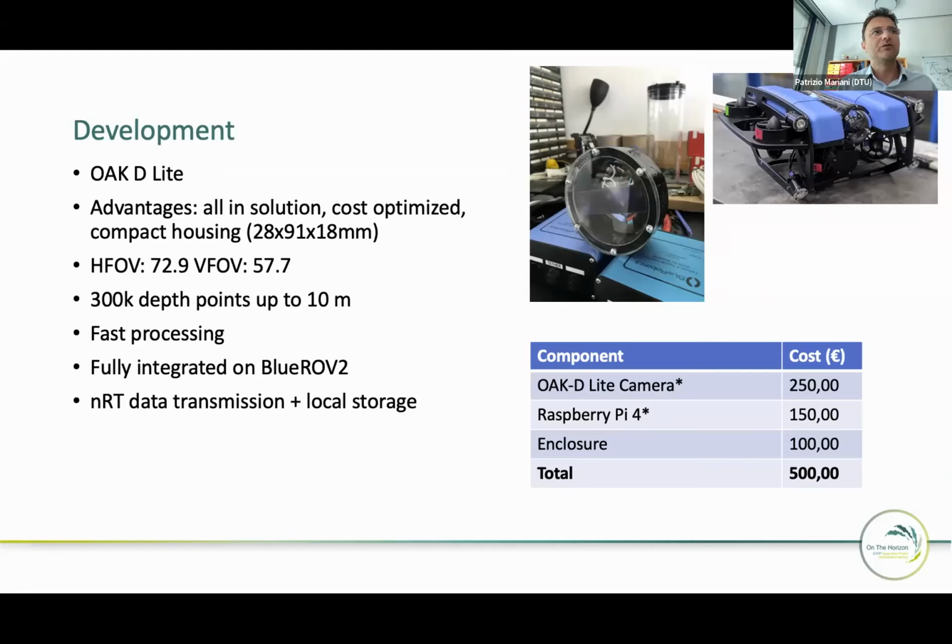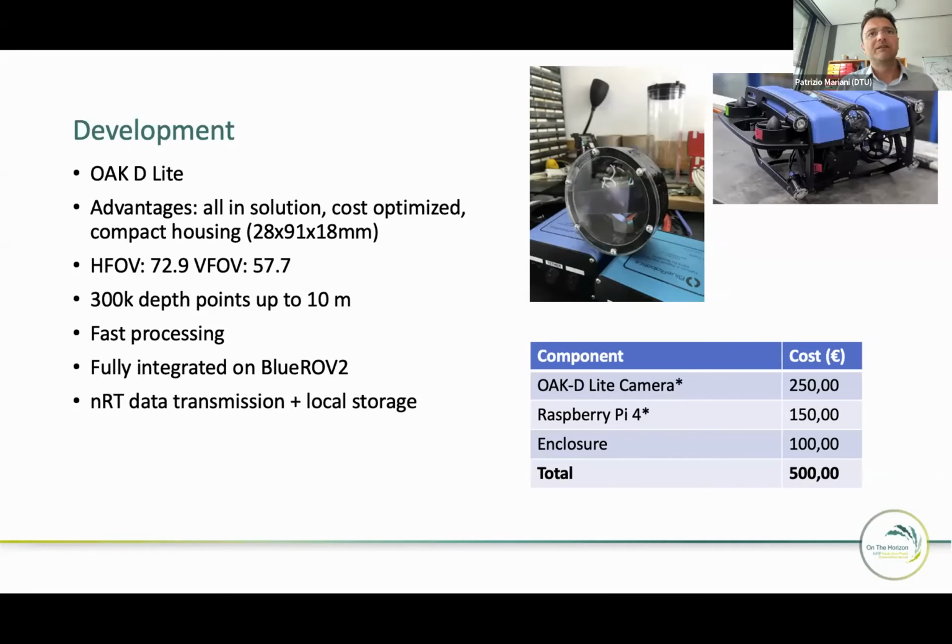The field of view is also quite good, with more than 70 degrees on the horizontal plane and about 57 in the vertical plane. We have quite a lot of dense depth points for 3D reconstructions, 300,000 of them, up to 10 meters, and it allows for fast processing on board the companion computer of the BlueROV2, but also allows for local storage and then further analysis and processing of the images later on.